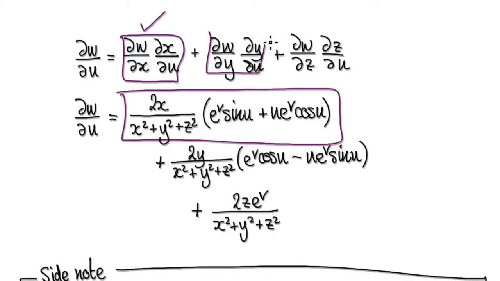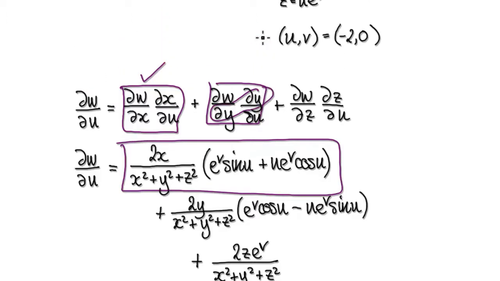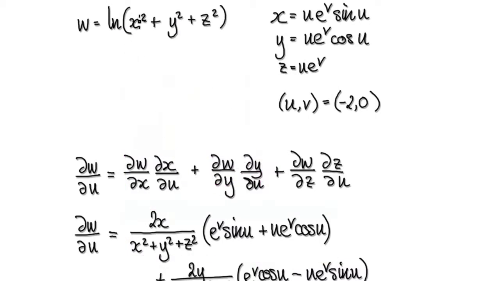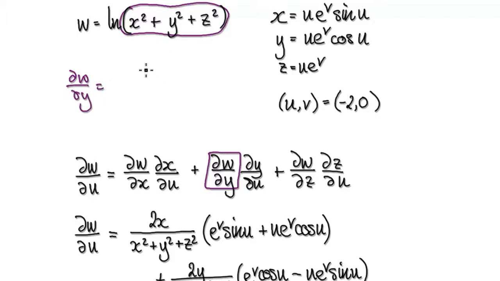Now look at the partial derivative with respect to y. So we are now trying to do this part here. With respect to y, that would be 1 over the bubble, and the bubble happens to be x squared plus y squared plus z squared, and then times the derivative of the bubble itself.